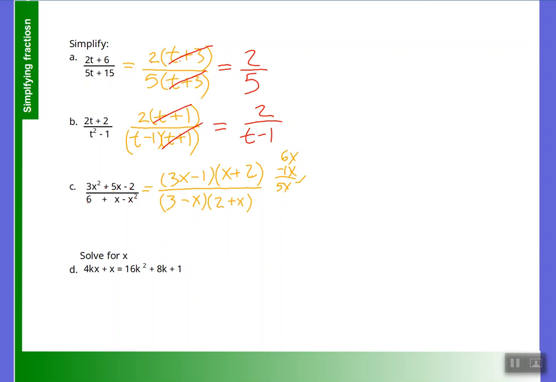Now, the reason why I wrote it like this is because I don't want to start a mathematical sentence with a negative, because it's unsightly, it's ugly, right? Bad math grammar. And negative x times positive x is negative x squared, so that works. 3 times 2 is 6, that's good as well. And I know that 3x minus 2x is positive 1x, so that works well.